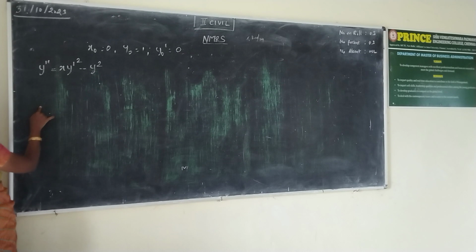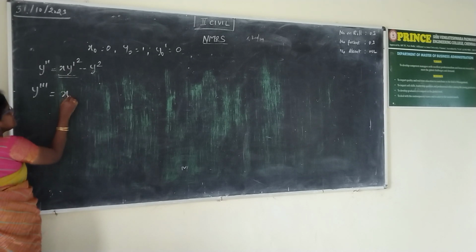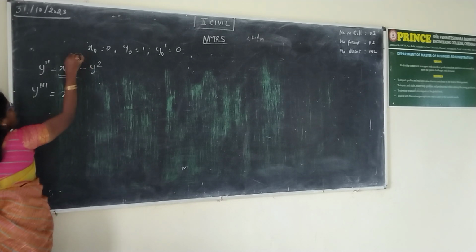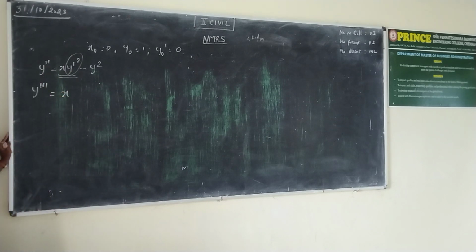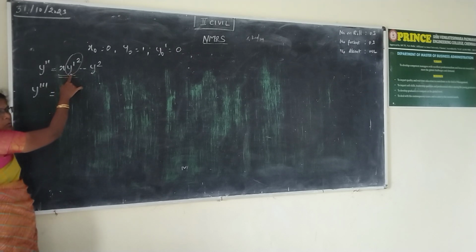Okay. So differentiate. What is differentiation of y double dash? Y double dash equal to, when you see this one, this is a product of two terms. So make use of a product. So keeping x as it is, what is differential of y dash square? First to differentiate power. What is differential of x square? 2x. Instead of x you are having y dash.